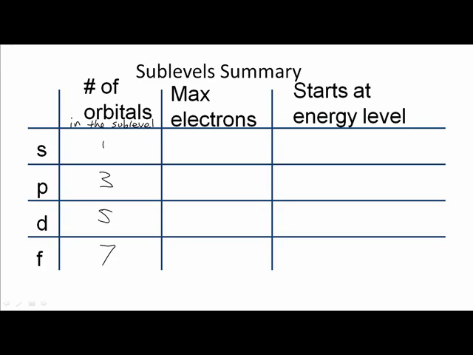So since each orbital can hold 2 electrons, what's the maximum number of electrons an S sublevel can hold? 2, 6, 10, and 14. And then starting at energy level 1, 2, 3, 4. In theory, there exist beyond F sublevels. There are more types of sublevels. They're just not occupied.